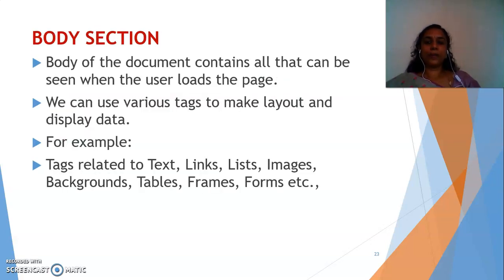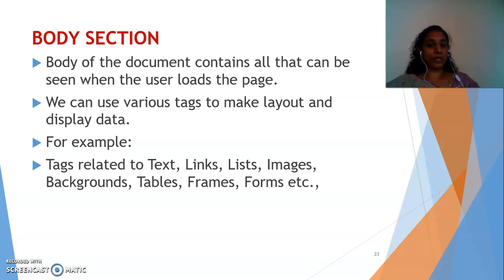Okay, then coming to the body section, it is completely the text whatever you want to display, and every text will also have some features, right? You want to give some color, some highlighting, background color, foreground color, then shadow effects, then blinking effects, then different types of fonts you want to display, and you want an underlining effect.